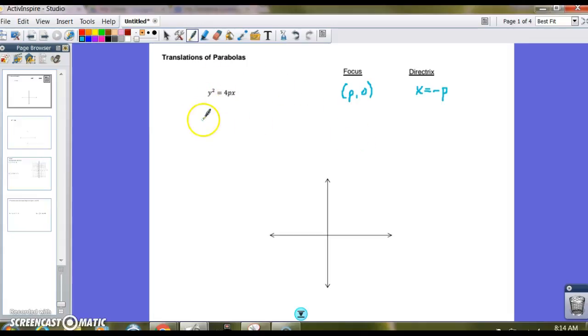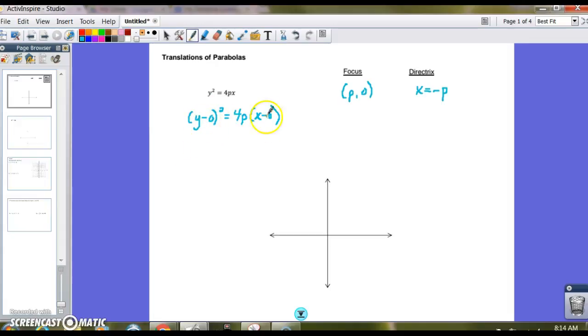Let's write it a little bit differently. Instead of writing just y squared, I can rewrite that as (y minus 0) squared, and I can rewrite x as x minus 0. That's the same as what we had up here with a vertex of (0, 0).